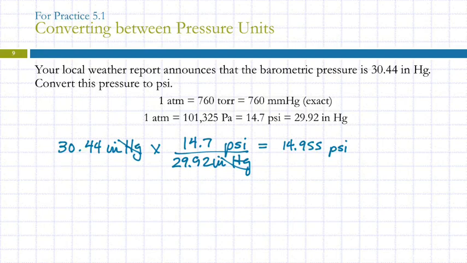Our starting number had 4. 29.92, that's not exact, 4. 14.7, also not exact. I really wish you would have put that it's really 14.69, and it can be measured even more precisely. This only has 3 sig figs. So that's going to limit our answer to 3. Keep the first 3, and that's going to round up to 15.0 psi.